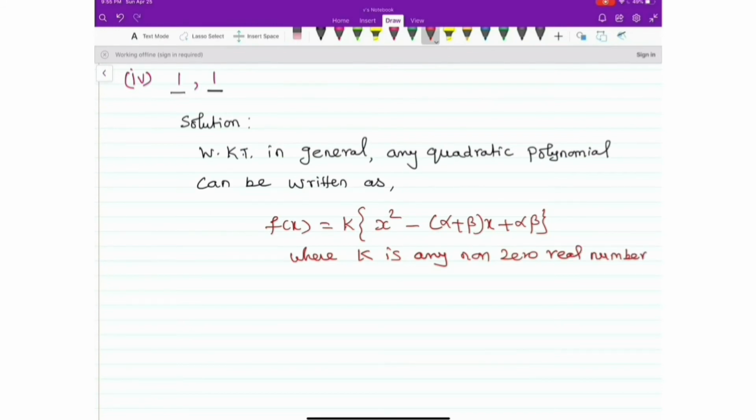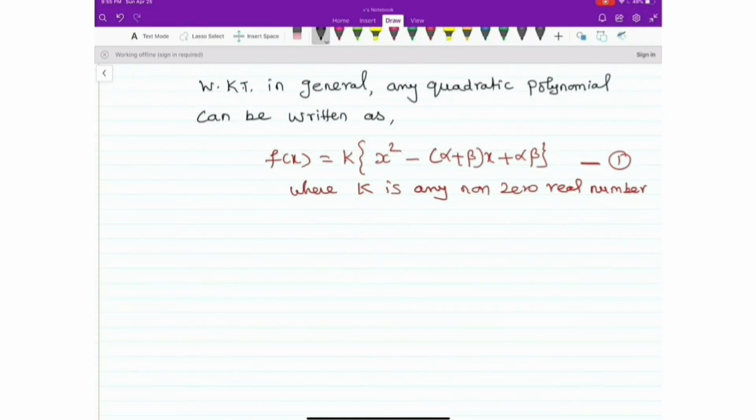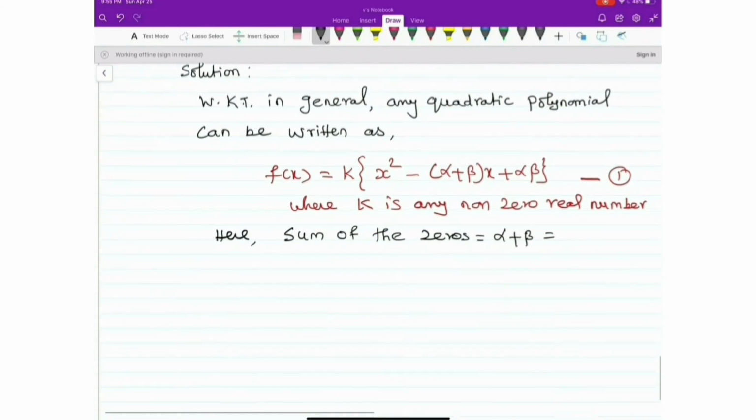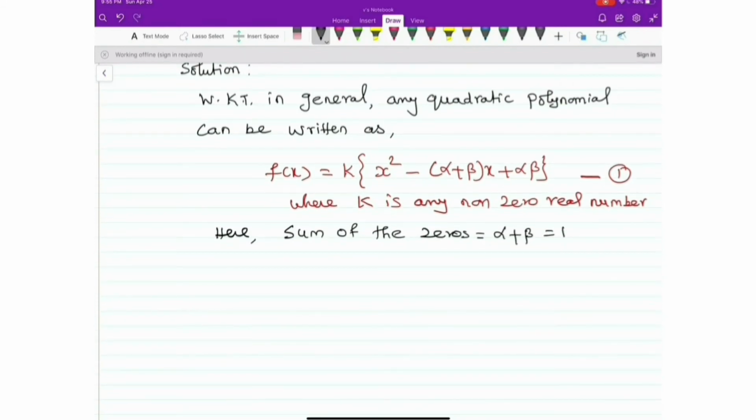Let me name this polynomial what I have written as 1. Okay. What are the things given to us here? Here, sum of the zeros is equal to alpha plus beta is equal to 1. Let me name this as 2. What else is given?